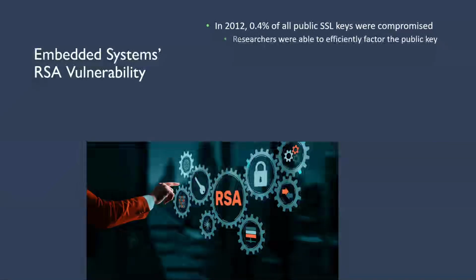So now we're going to look at a couple of examples of these vulnerabilities, these weaknesses, in the real world. For the first one, in 2012, 0.4% of all RSA keys used in SSL communications over the web were compromised.